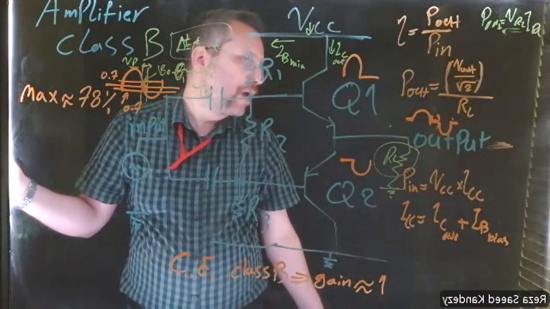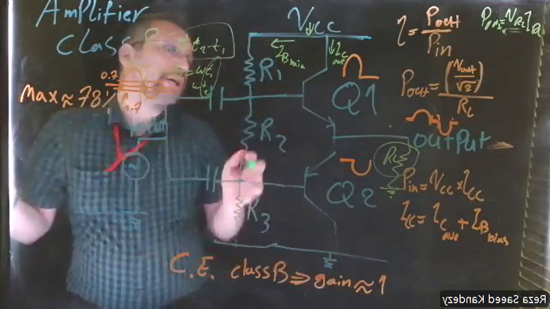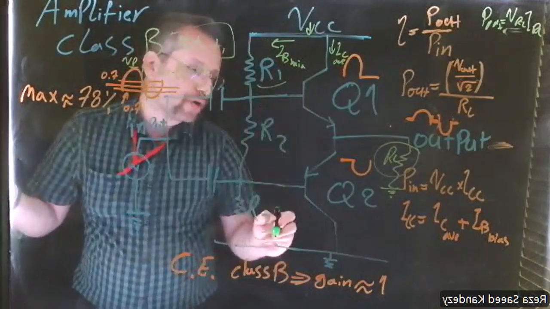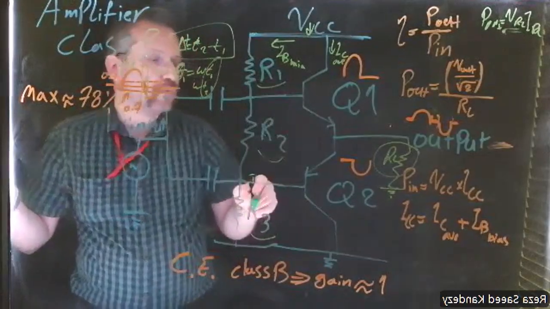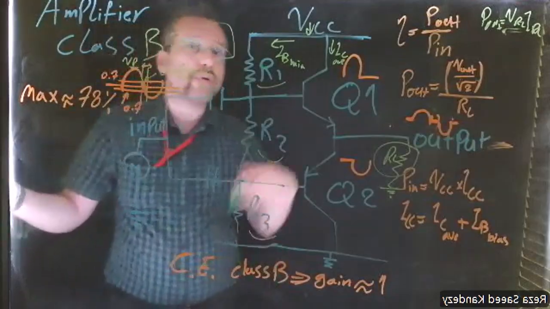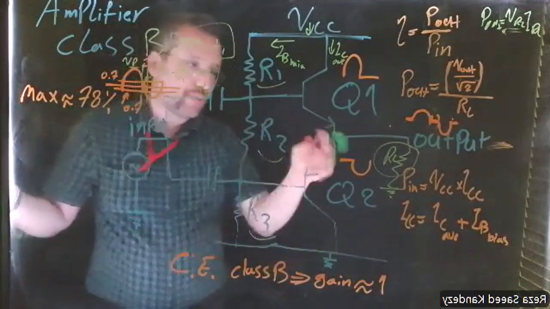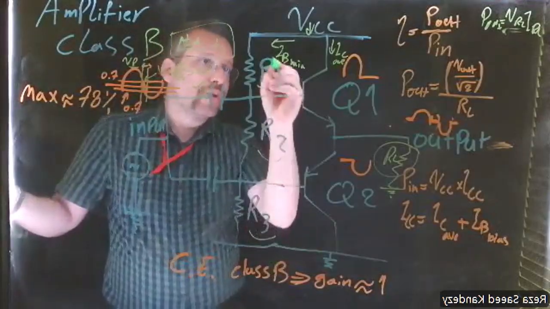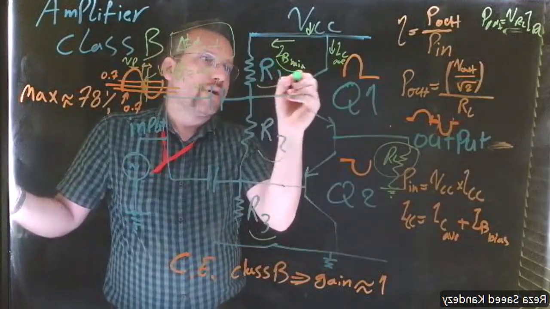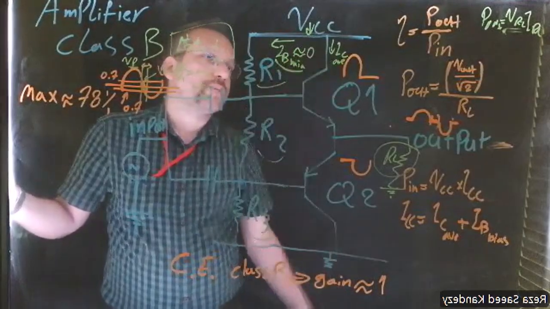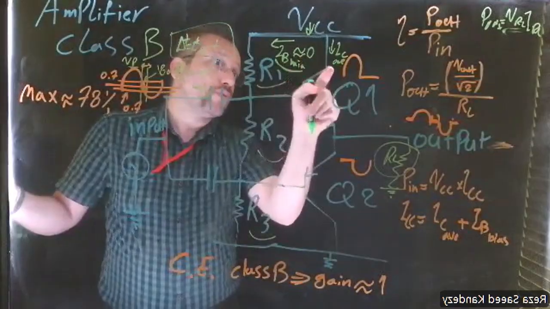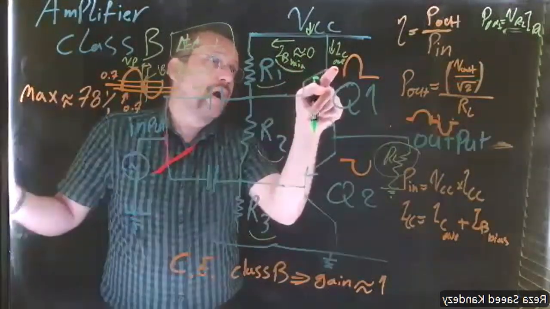So we have the average value and we have VCC, so we can calculate the input power. Now, normally R2 is relatively smaller, but R1 and R3 are very big compared to the rest of the circuit. So that biasing current, you can consider approximately zero relative to this IC average.